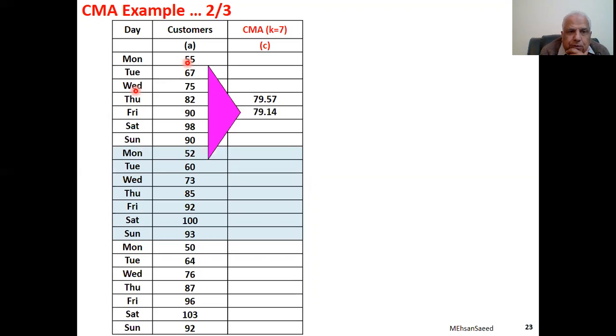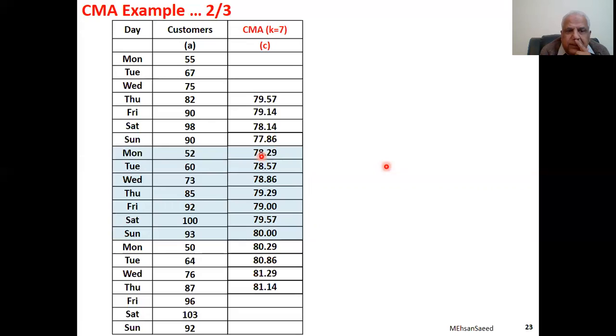And the average would be placed in front of Friday. And this exercise will be continued till we have achieved averaging of the last 7 days. If this has been done correctly, the number of blank spaces at the top, which is 3, is the same as the number of blank spaces at the bottom.